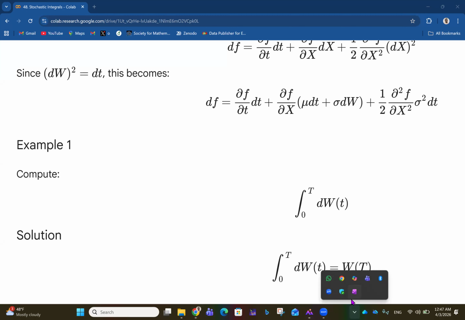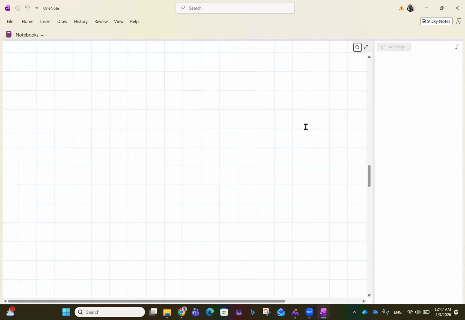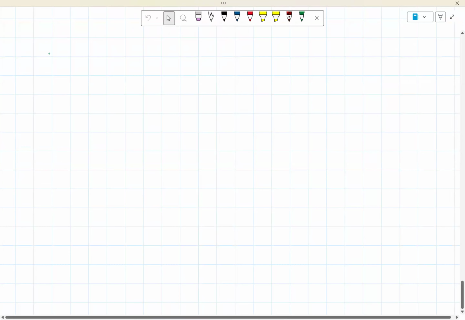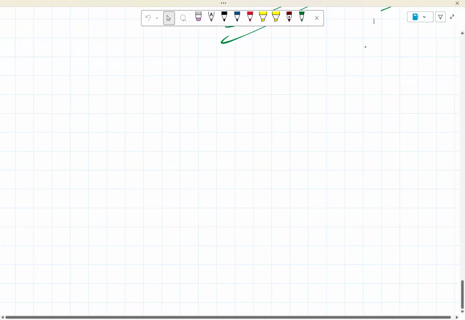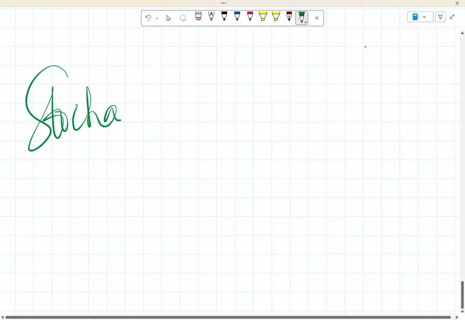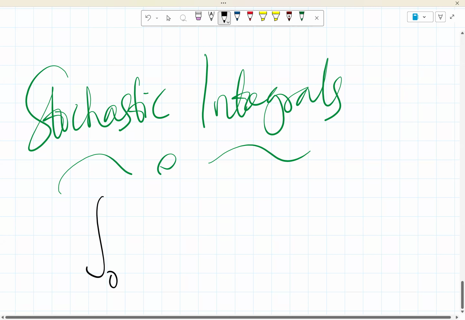So here we're talking about stochastic integrals, and we are interested in the integral from 0 to t of dW of t.